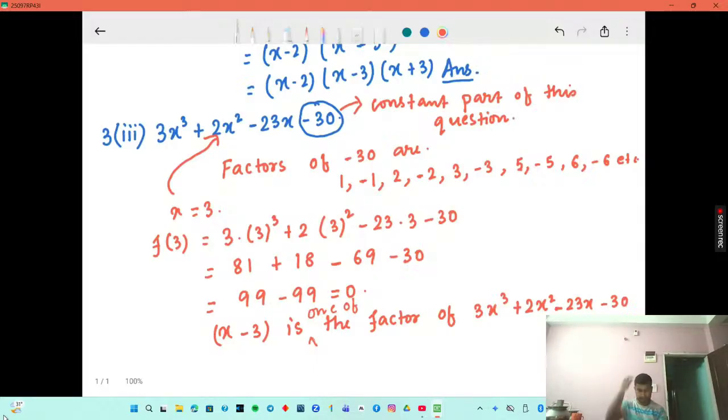Is it okay? Can you please tell me in the chat box how many factors there are for this particular question? How can we find the number of factors?